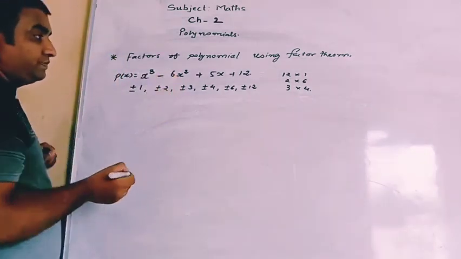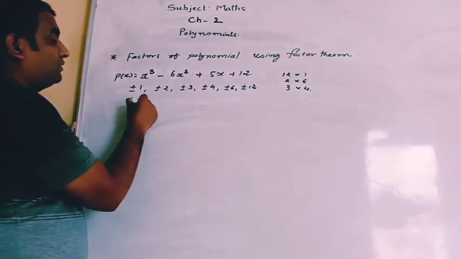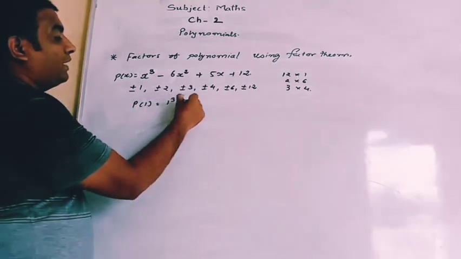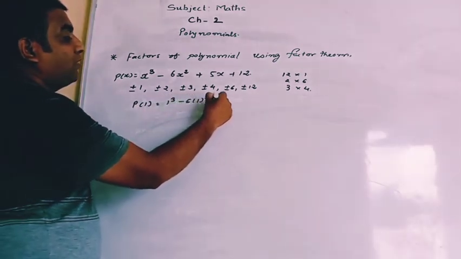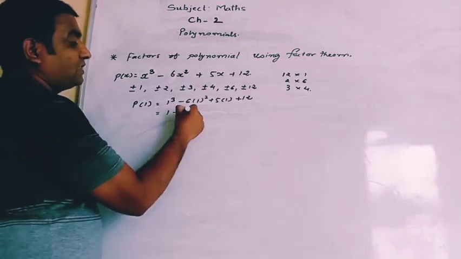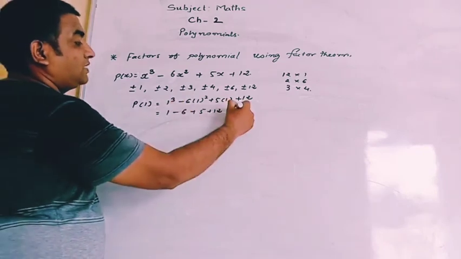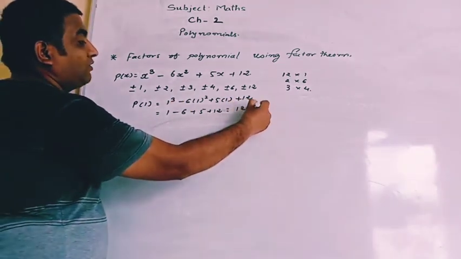And so here first we check P(1). Then 1 cube minus 6 into 1 square plus 5 into 1 plus 12. So 1 minus 6 plus 5 plus 12. So 17, 18 minus 6, 12. And so not equal to 0.